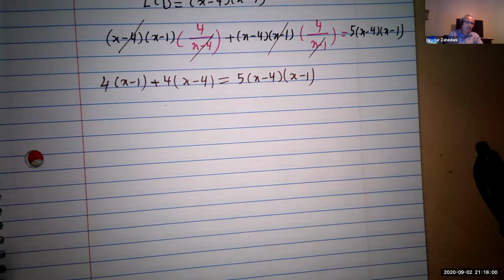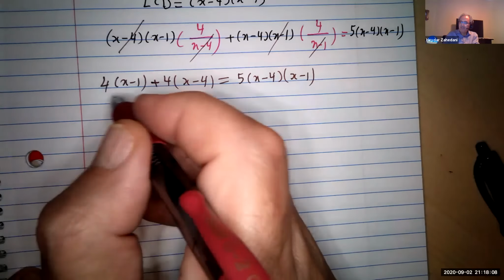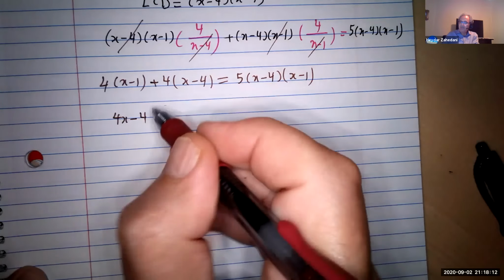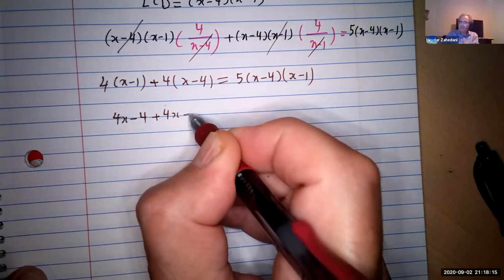Multiply it, simplify it. We distribute the 4 on the left. That gives us 4x minus 4, and that would be 4x minus 16.